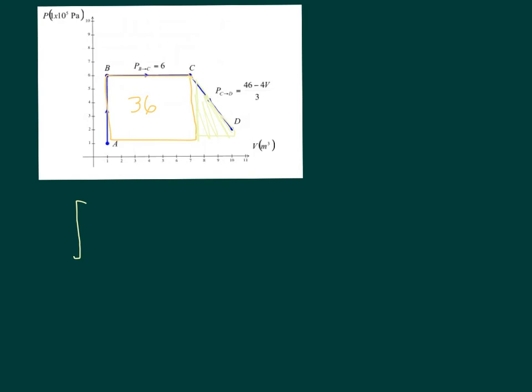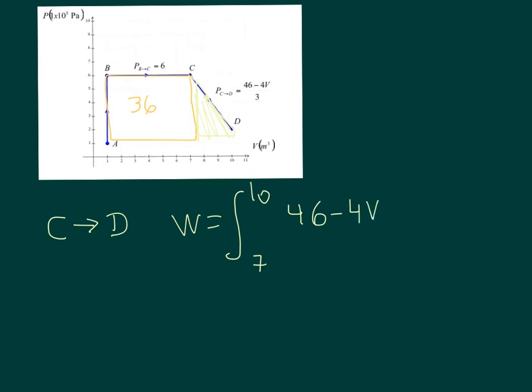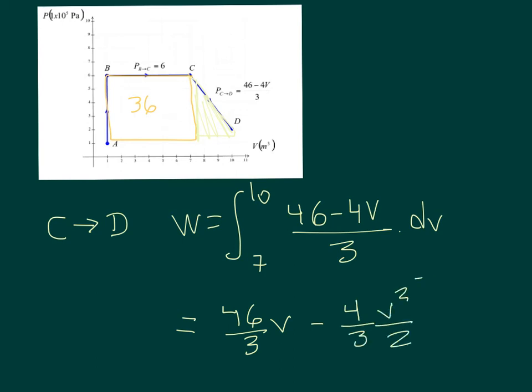That will be the last work, which is the work from C to D, which is the integral from 7 to 10 of the function, which in this case is 46 minus 4V over 3, times the differential of V. Let's do this integral. That will be 46 over 3 V minus 4 over 3 V squared over 2 from 7 to 10.